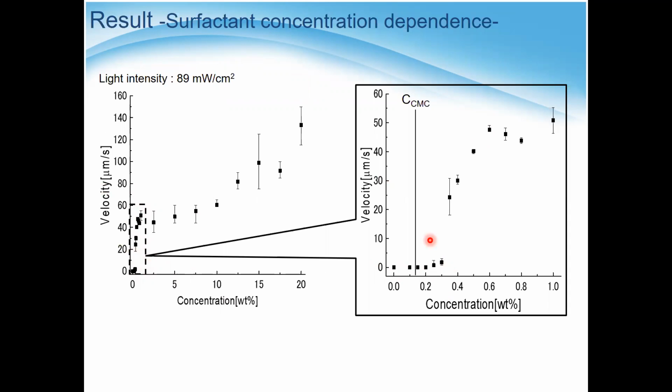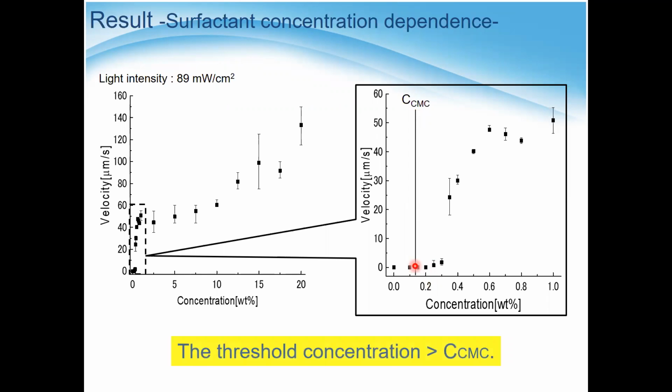And actually, the necessary condition was a little bit higher than the CMC concentration. So the necessary condition is that the concentration of the surfactant solution must be larger than the CMC concentration.